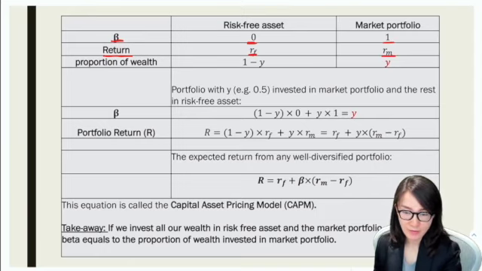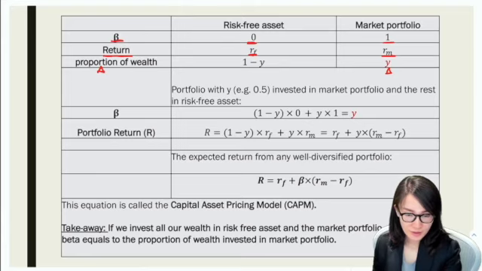And if we have a portfolio and we hold only the risk-free asset and the market portfolio, the proportion of wealth in our portfolio put into the market portfolio is denoted as Y. So 1 minus Y is the rest of our proportion devoted to the risk-free asset. Okay, 1 minus Y plus Y equals 1.